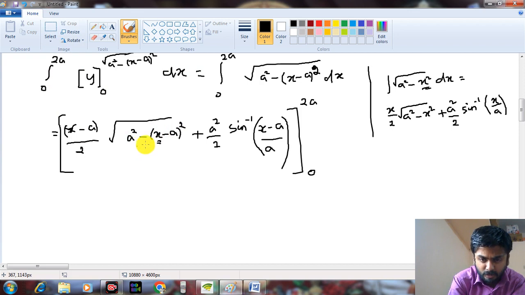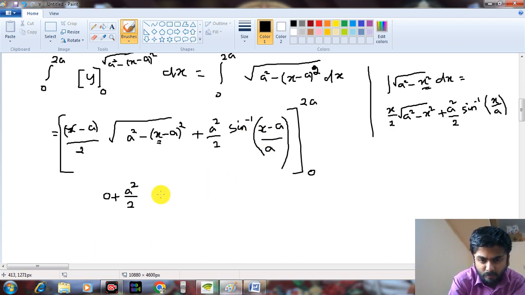So a square minus a square is 0, root of 0 is also 0, so this 0 into this term will become 0. The first term is 0, plus, 2a minus a is a, a by a is 1, so here we have a square by 2 sine inverse of 1.